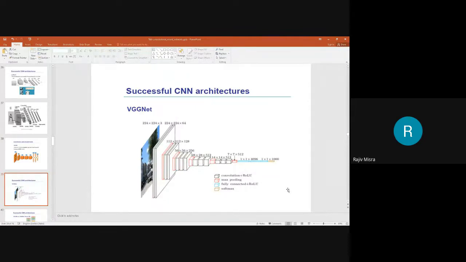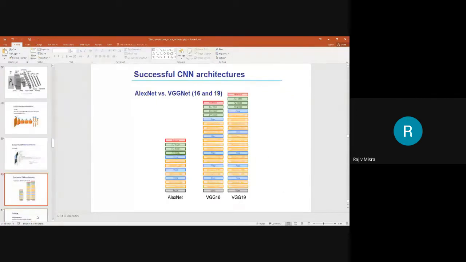Then you have another CNN architecture which is called VGGNet. So in all these architectures, you can see that it starts with the convolution plus ReLU layer and then max pooling, and this keeps on repeating many times, and then finally it will have the fully connected and ReLU layer, and the softmax will do the classification. Similarly, if you compare AlexNet versus VGGNet, what you will find is that the model becomes more and more complex.